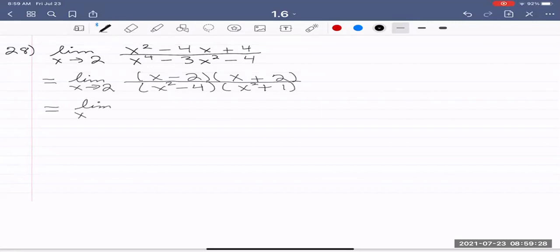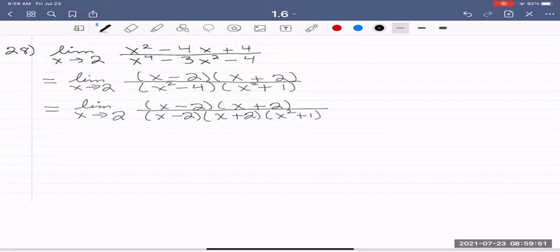Let's simplify further. Oh, actually, I could have just canceled all those. Let's factor further. And so this is x minus 2, x plus 2, x squared plus 1.